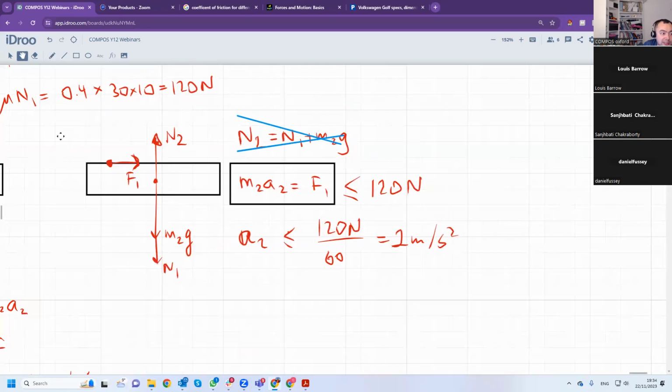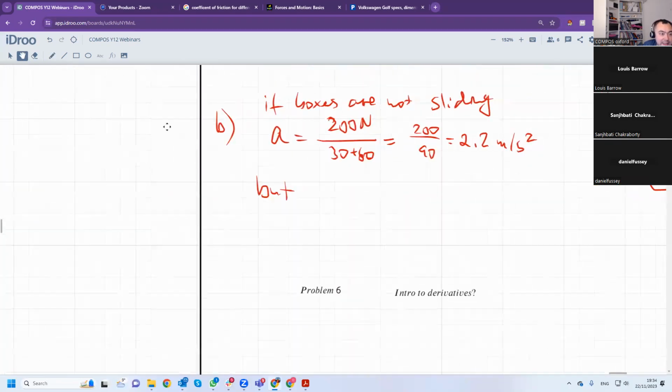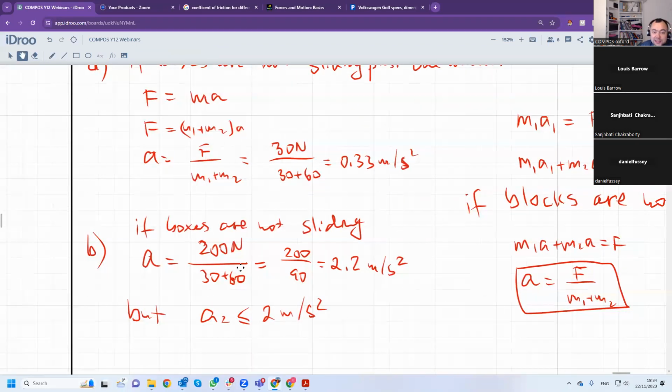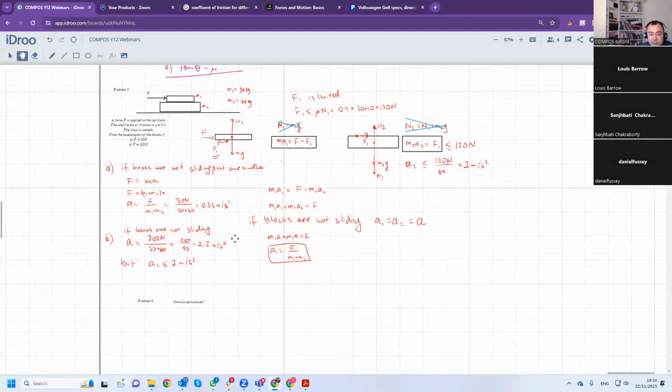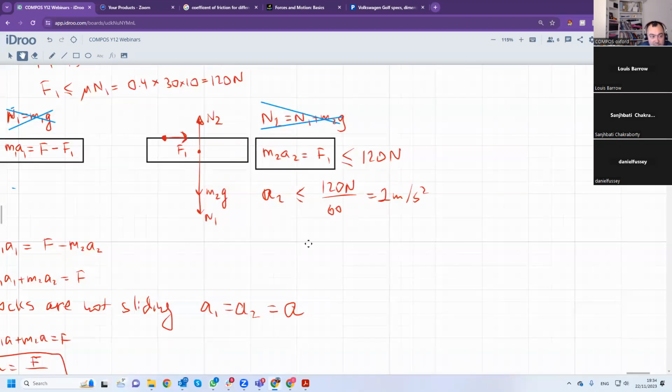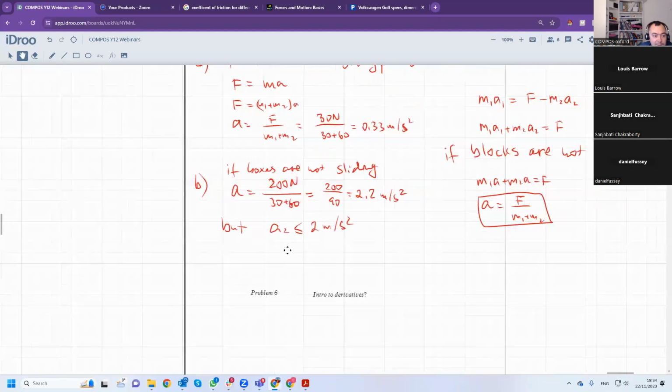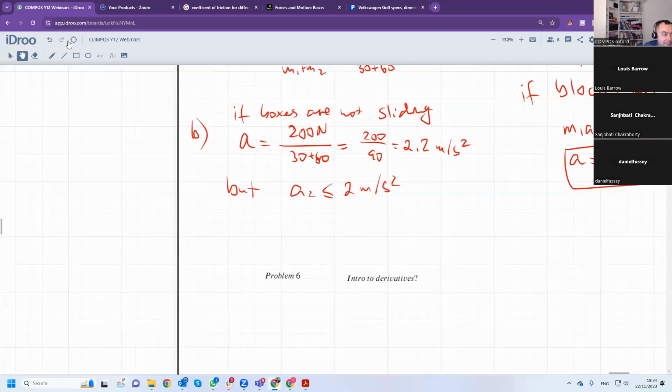So the acceleration of the bottom box cannot exceed 2 meters per second squared. You're limited by the friction force, just like with the car. And therefore, the boxes are sliding.